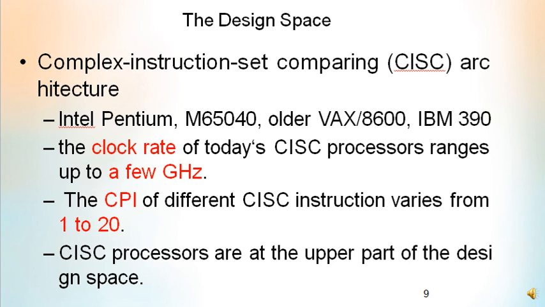The CPI of different CISC instructions varies from 1 to 20. Therefore, CISC processors are at the upper part of the design space, as illustrated in the previous graph. With advanced implementation techniques, the clock rate of today's CISC processors ranges up to a few gigahertz.